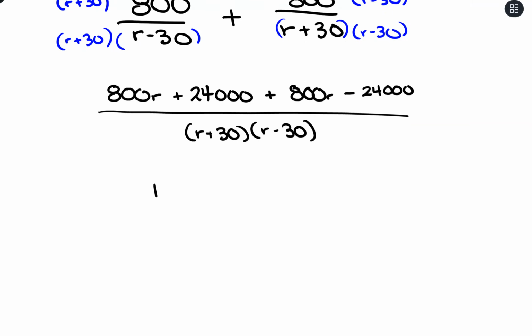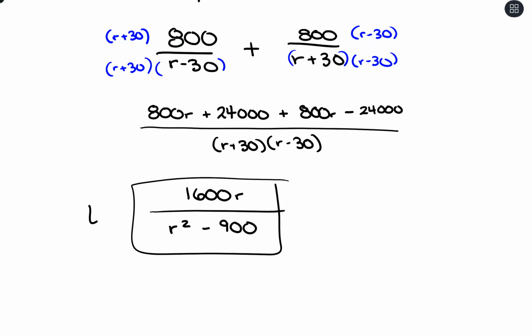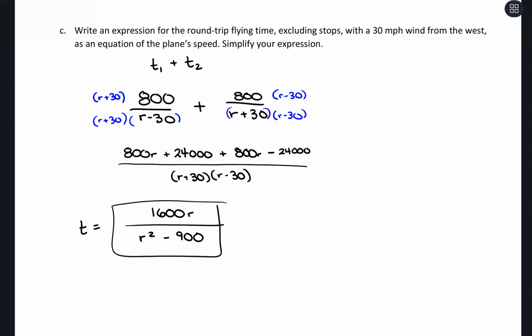The 24,000 will cancel out. And let's go ahead and multiply out the denominator, so that'll be R squared minus 900. And that would be our simplified expression for the total time for a round trip flight if we have that wind speed of 30 miles per hour going 800 miles between the two cities.